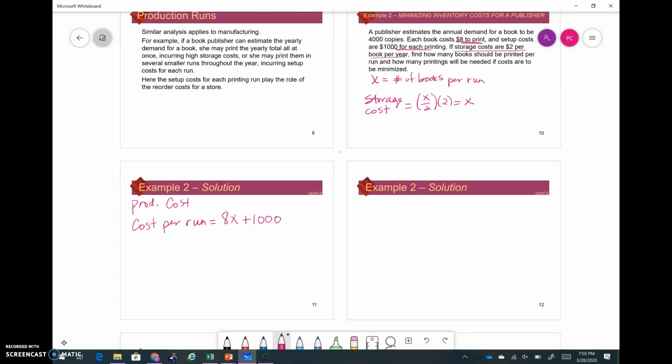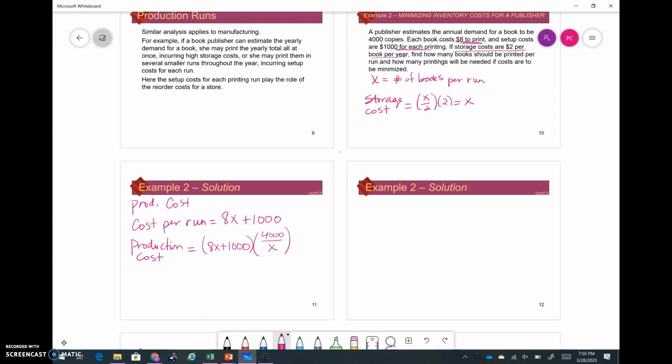Then we need to figure out the total production cost. The production cost is equal to how much it costs per run times how many runs we're making, which is that 4,000 total that we want to print divided by how many are in each run.